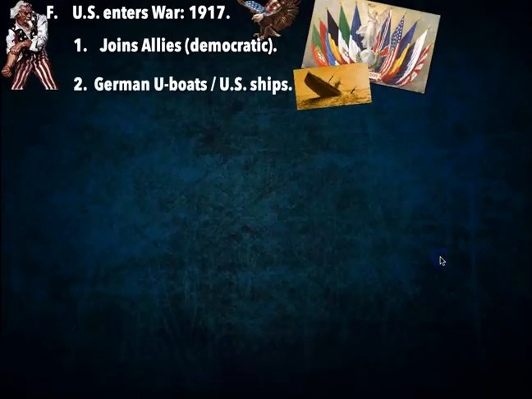And a lot of that has to do with the friction that had been building up between the United States and Germany from about 1915 onward. You will end up having the sinking of the Lusitania, which is a British ship, but the Germans torpedo it.